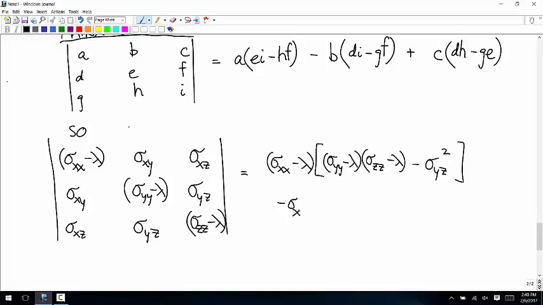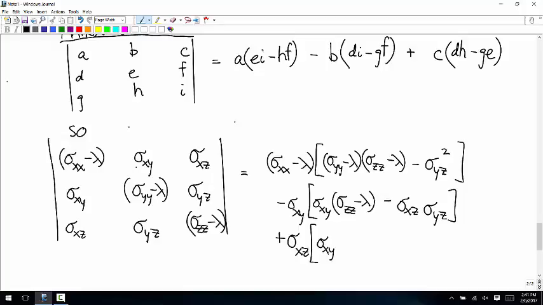Minus sigma xy times the quantity sigma xy times the quantity sigma zz minus lambda minus sigma xz sigma yz, plus sigma xz times the quantity sigma xy sigma yz minus sigma xz times the quantity sigma yy minus lambda.